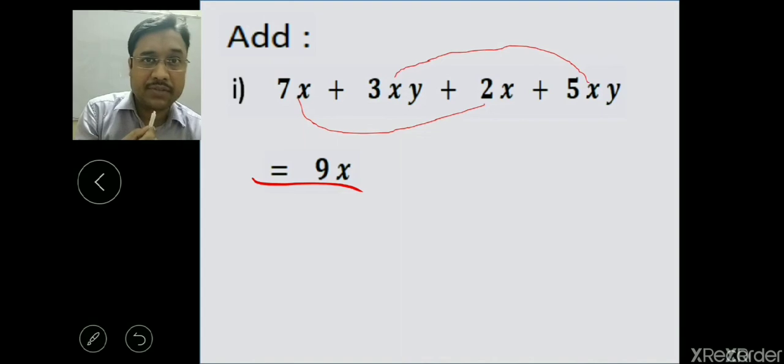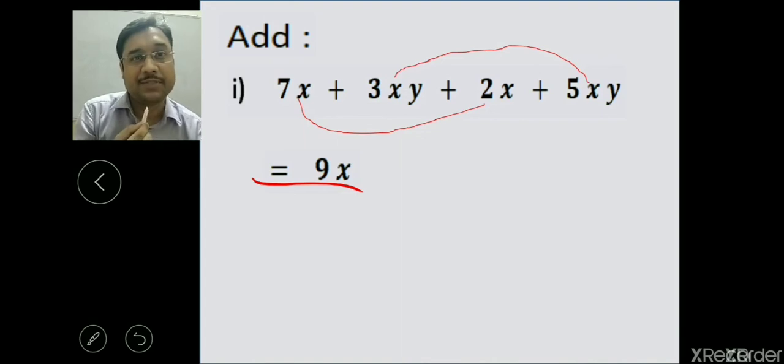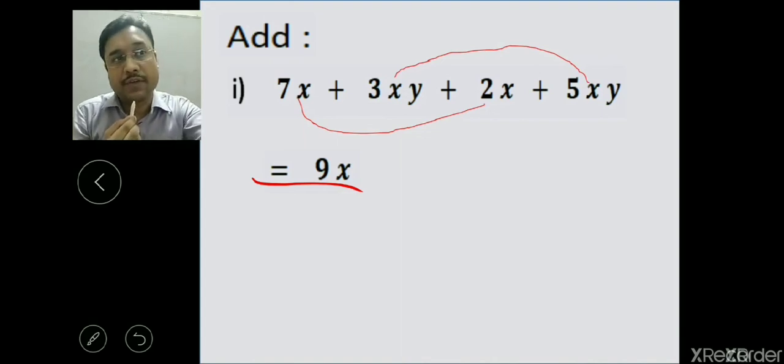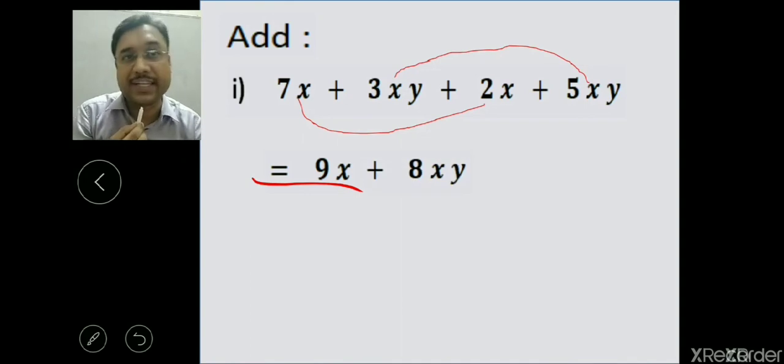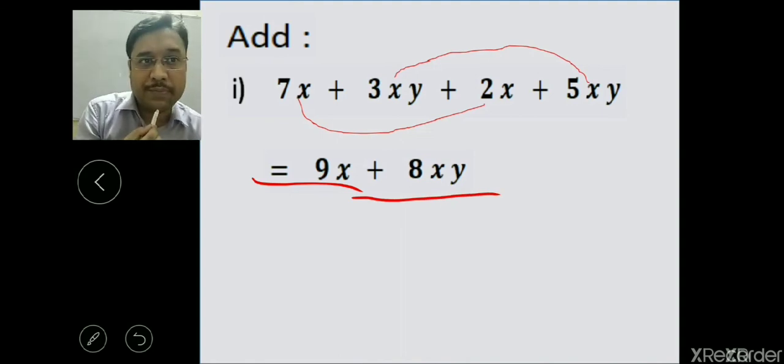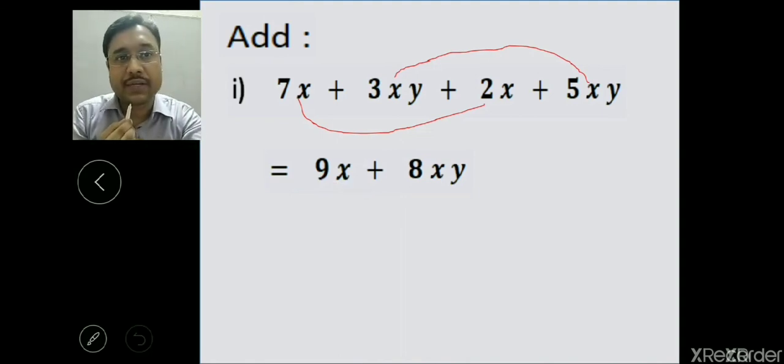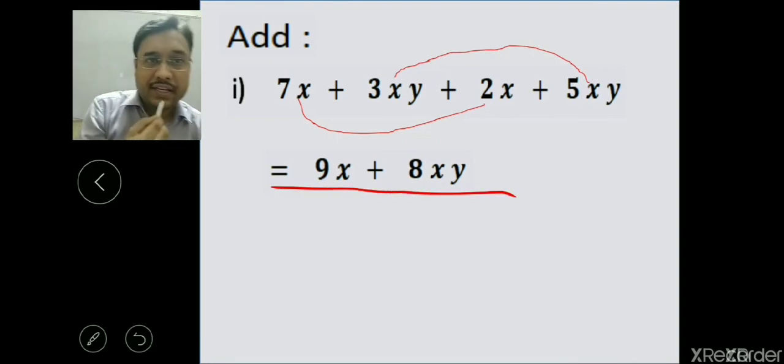So 3xy plus 5xy, you will write 8xy. Okay, so their sum is a binomial, 9x plus 8xy.